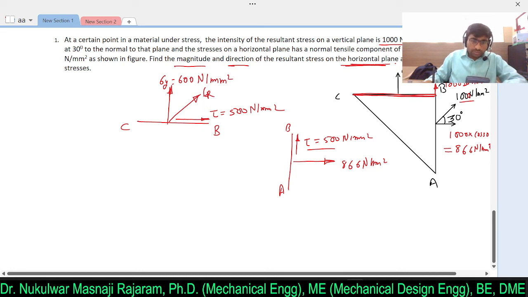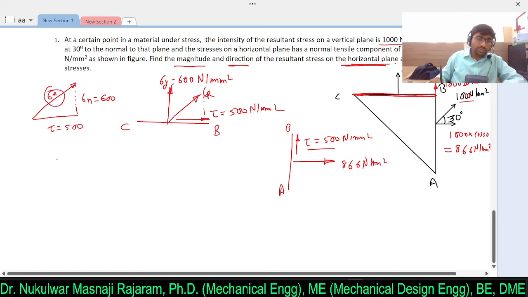So when you shift this sigma y over here, I will get a triangle like this. So this is sigma r, here I am taking tau, and this will be the sigma n or sigma y. So this value is 600, tau value is 500, and we need to evaluate sigma r.